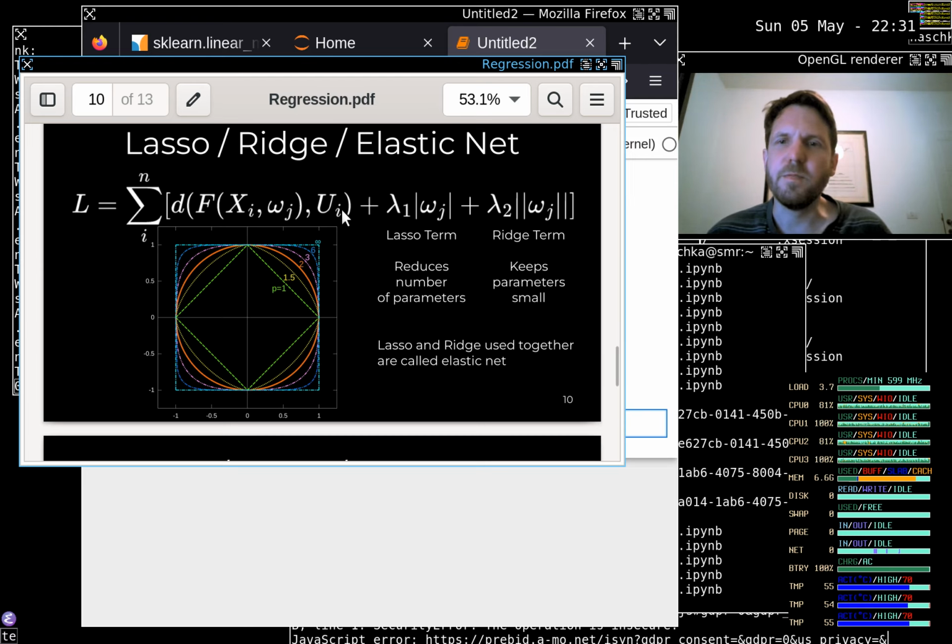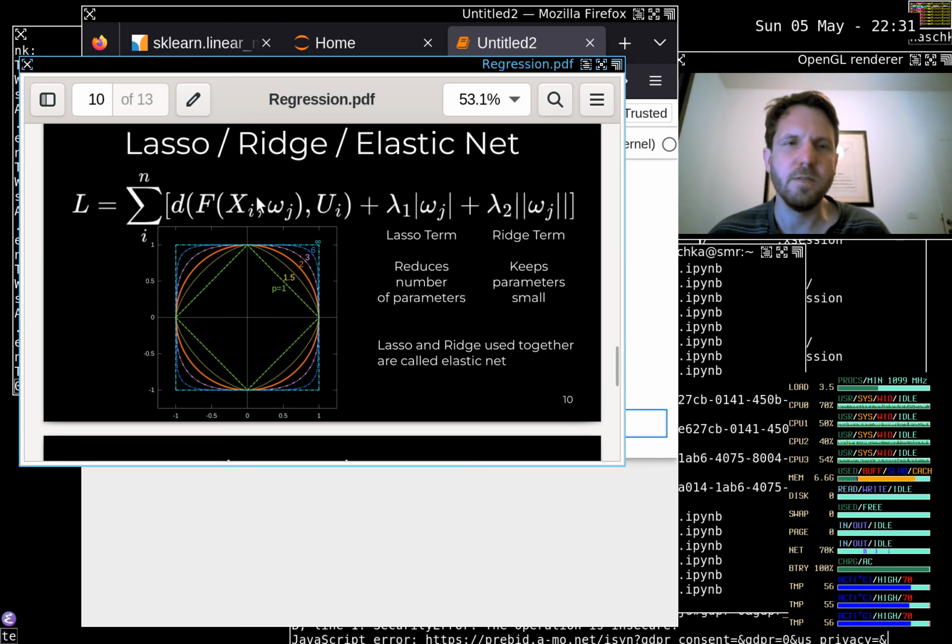So this here is how far I'm away from my fit. Then I add to this loss function the ridge term, because I want small model parameters, and with lambda 1 I want to select as few model parameters as possible. And we can shift between this lambda 1 and lambda 2.